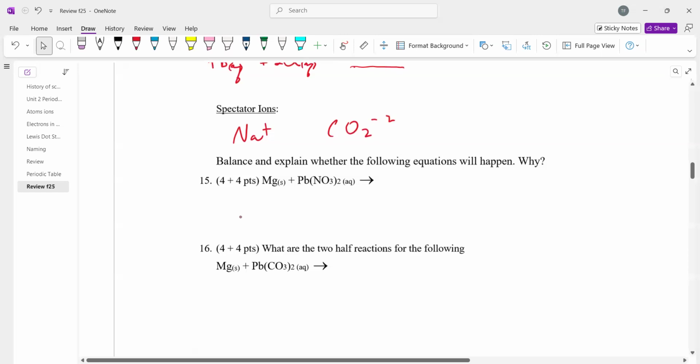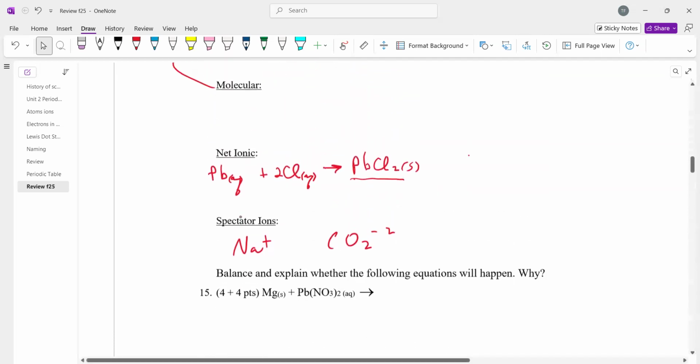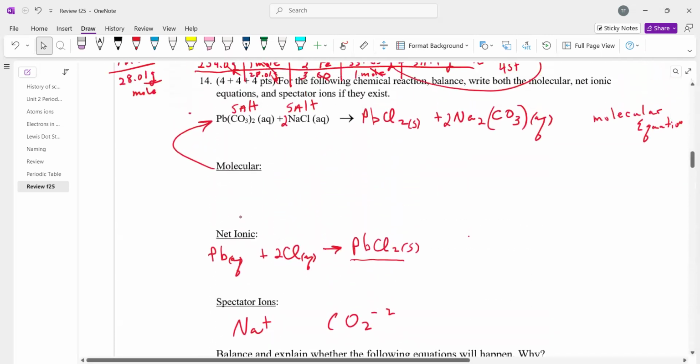Okay. Balance and explain whether the following equations will happen. Over here on the far right.